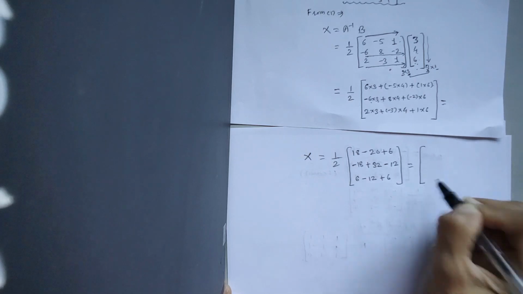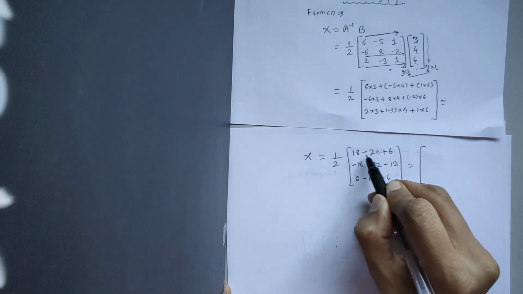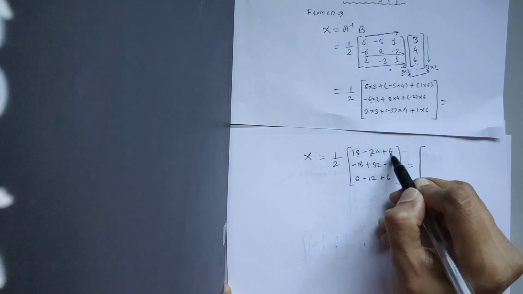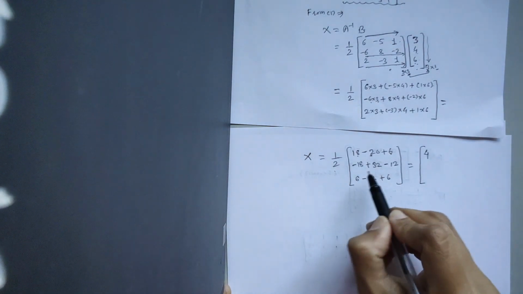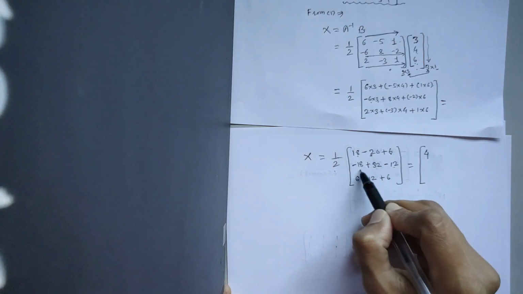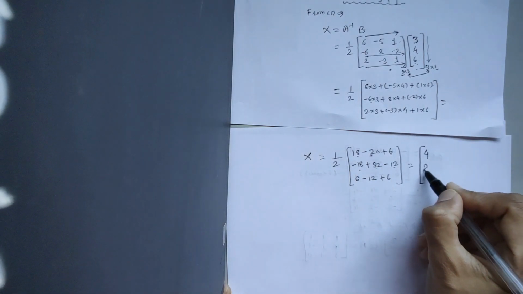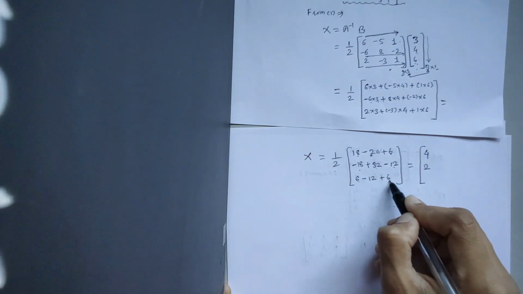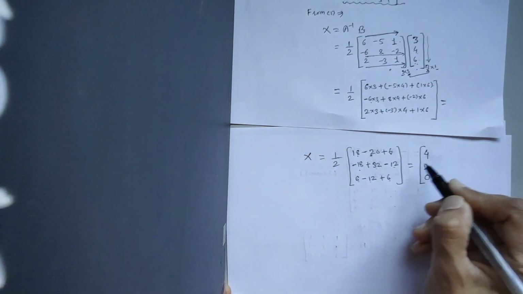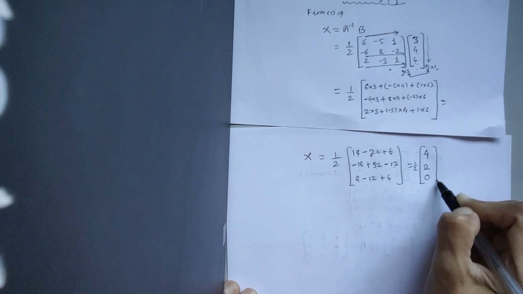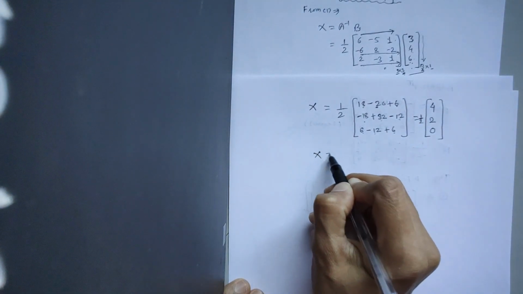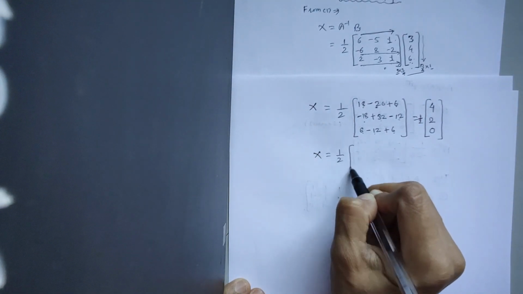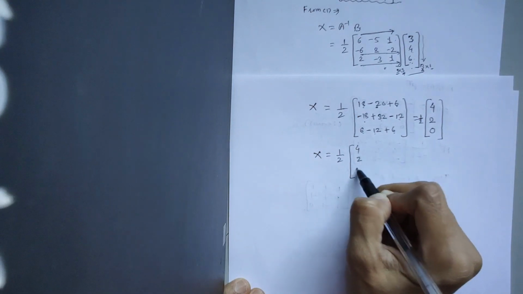Simply I get 4, 2, and 6 plus 6, 12 minus 12, 0. This 1 by 2 is here. So simply what I get? X equal to 1 by 2 into 4, 2, 0.